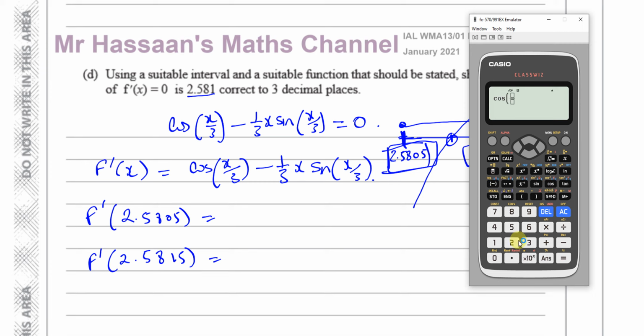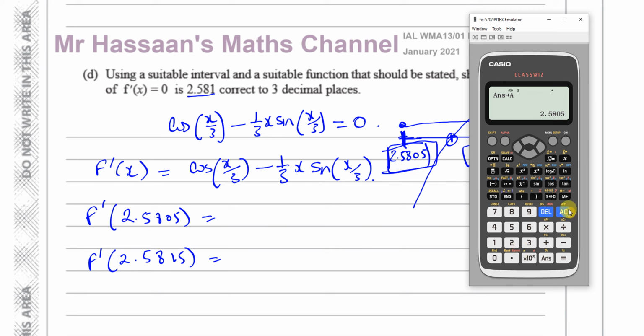What I'm going to do here is type 2.5805, press equals, and store that as A. So when I recall A every time, it's going to be that number.